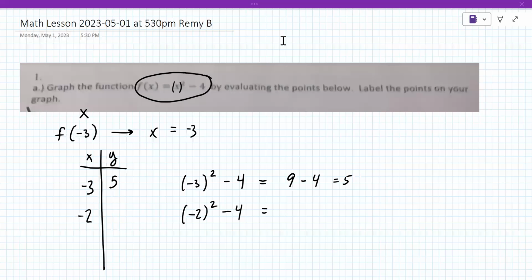You're multiplying -2 times -2. The previous one was +9, right? Two negatives make +4. Then 4 minus 4. What does that become? 0.